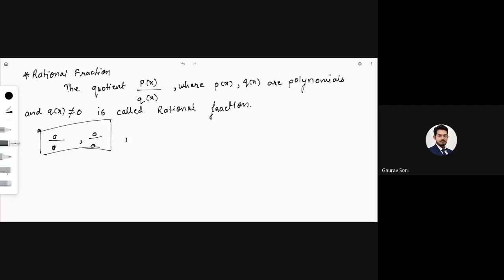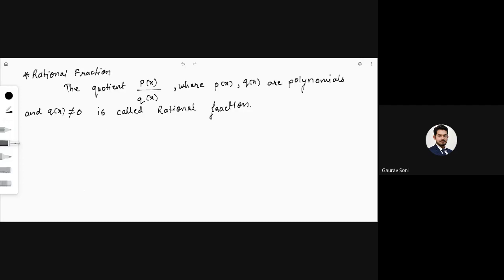So we have to be very careful. These cases do not occur when we are solving examples. We will see limits, continuity, everything. Wherever there is a 0 in the denominator, we have to do something else. I cannot proceed with the calculation.